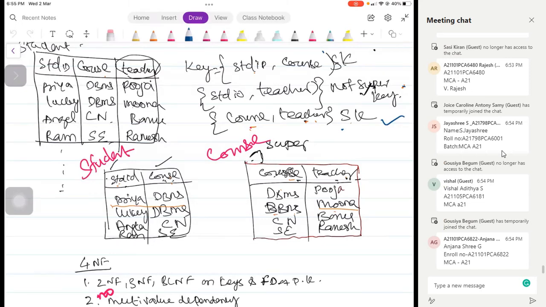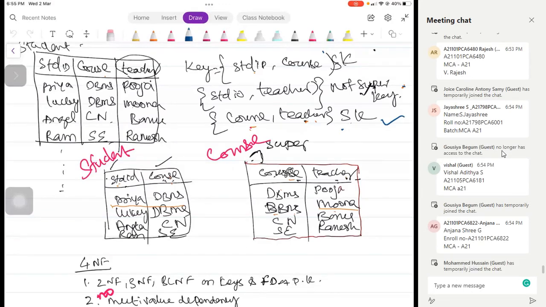Are you understood? A student can study a course. But student ID and teacher may not be a key, because a teacher may have more number of students. A teacher teaches more number of students.